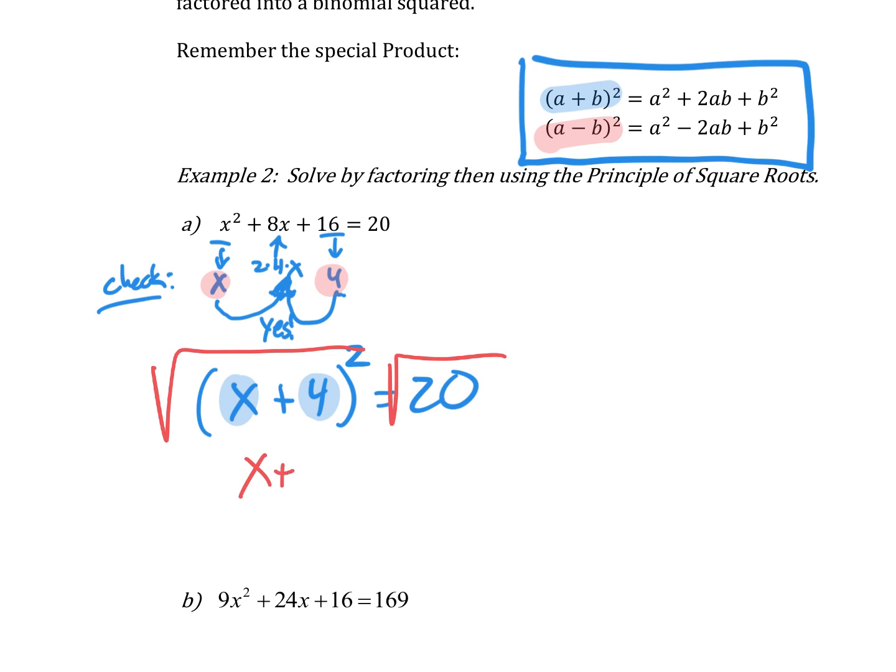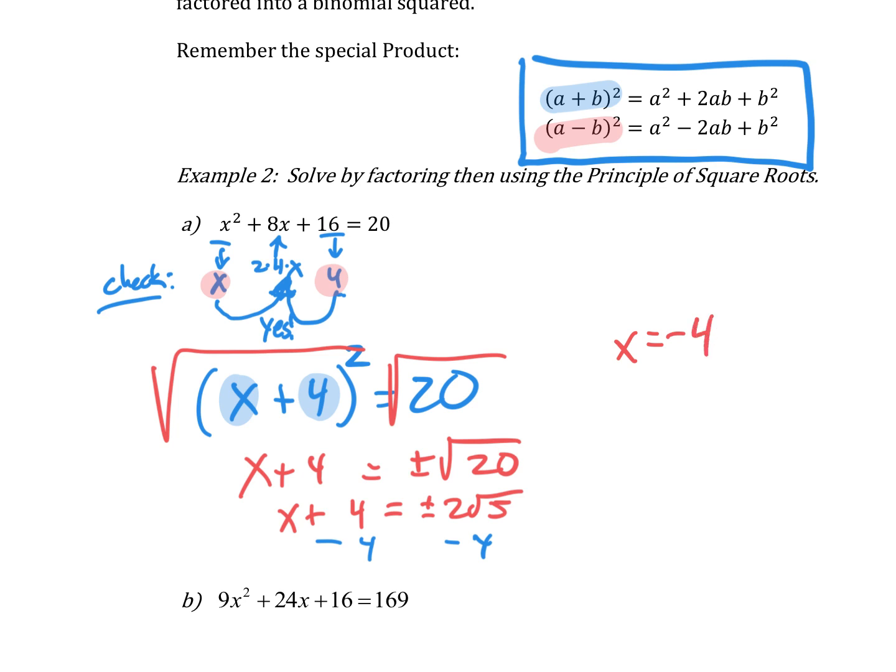And we get x plus 4 equals plus or minus the square root of 20. We should simplify that square root of 20. And we get 2 square root of 5 like we did in a previous problem there. And finish it off by subtracting 4. And we've got x equals, we're going to write negative 4 plus or minus the square root of 25.